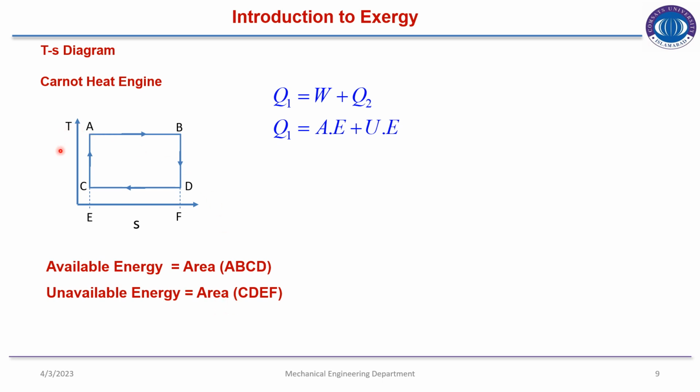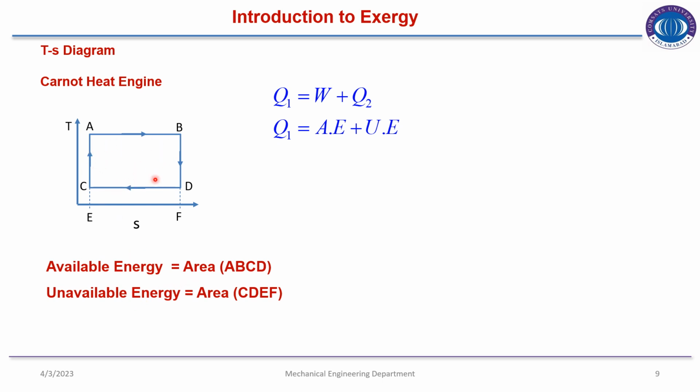So now if you have been given a TS diagram, with certain temperatures on the y-axis and certain values of entropy on the x-axis, and you are asked to calculate the available energy and unavailable energy, then you just have to calculate the area.